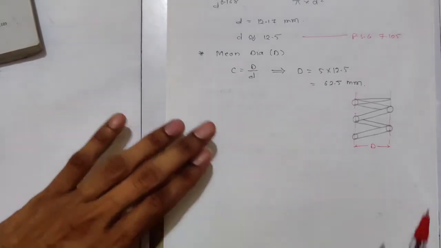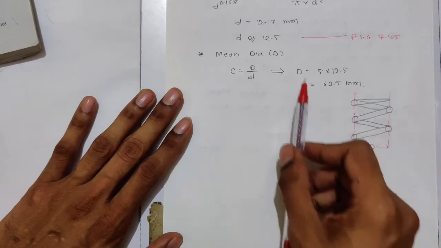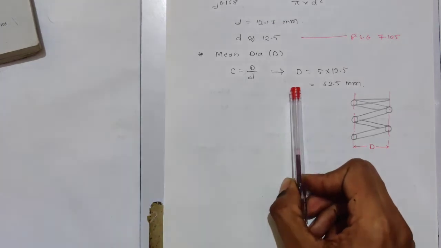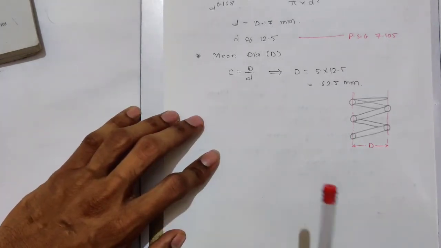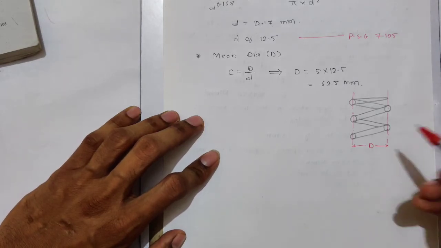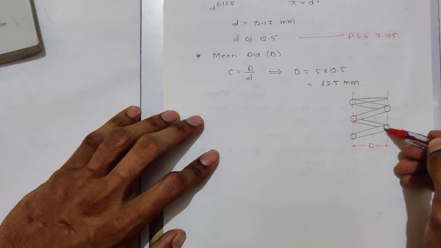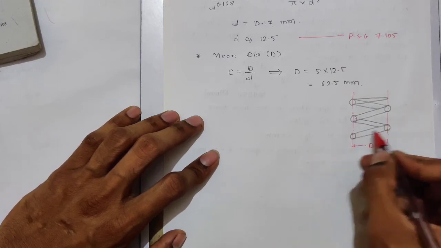Okay, so we have one diagram over here, a simple helical spring diagram. We found out the value of d. There is one condition, if you remember, the value of the rod on which the spring is operated has a diameter of 50 mm. So this inside diameter should be more than 50 mm. So we have to calculate this.